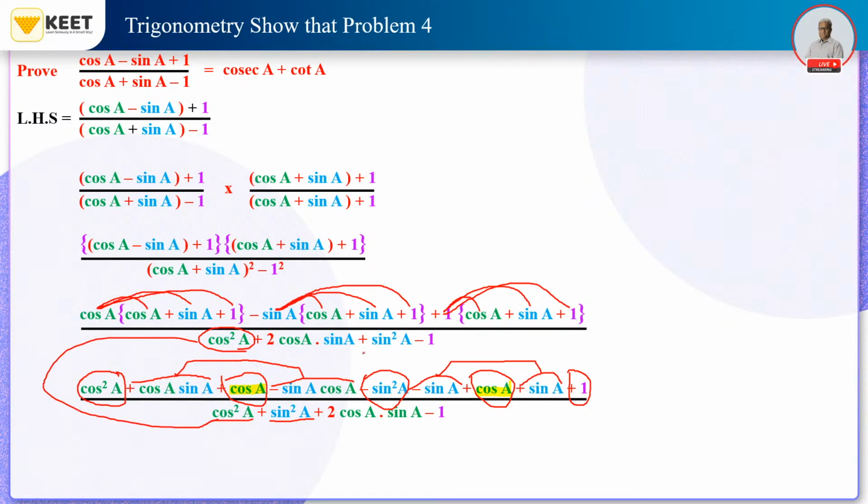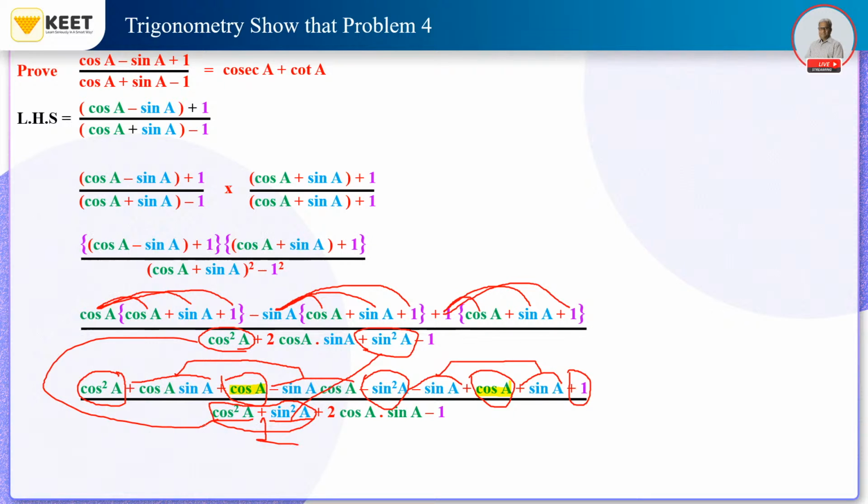Okay, and this plus sin square A, that is brought close to the cos square A, whereas this 2 cos A sin A is just pushed ahead and minus 1 kept as it is. So here you will work with the formula cos square A plus sin square A. We have the identity whose value is 1.